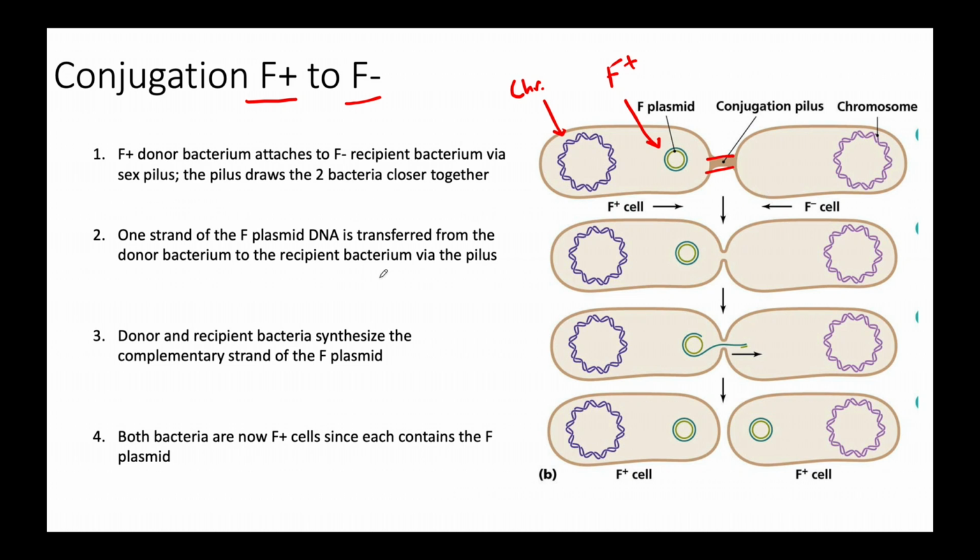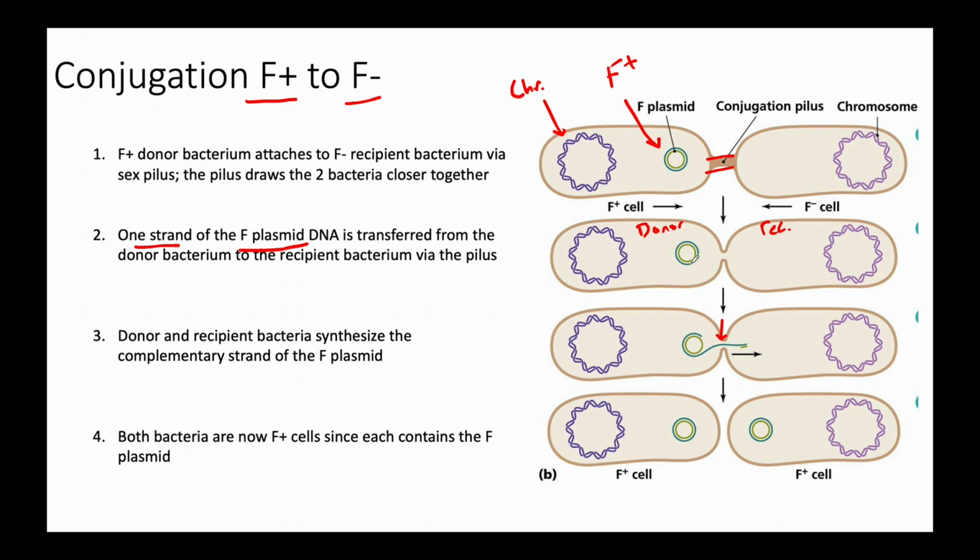Then what's going to happen is we've already said the F plus is going to be the donor, and this is going to be the recipient. But what we want to note is which of these two DNA molecules is going to be transferred through this pilus. So again, there's that little connection or bridge called a pilus. And what gets transferred? One strand of the F plasmid, and so that's being shown right here.